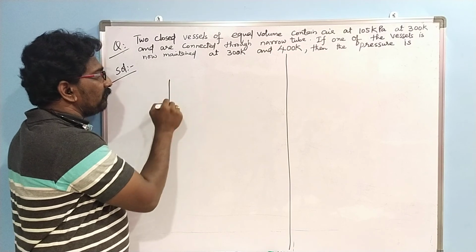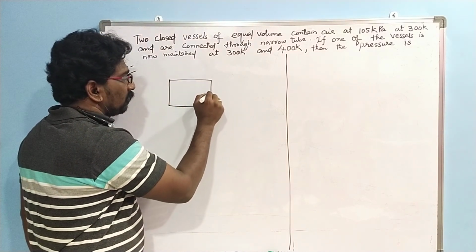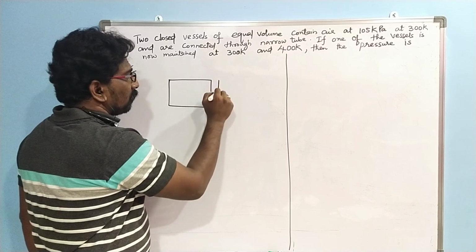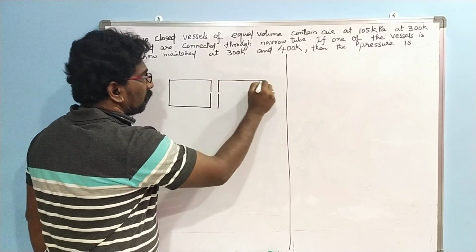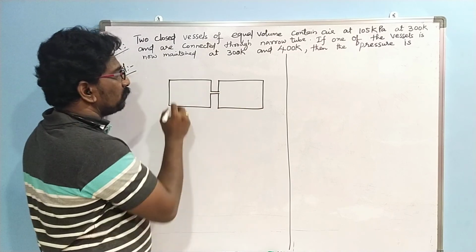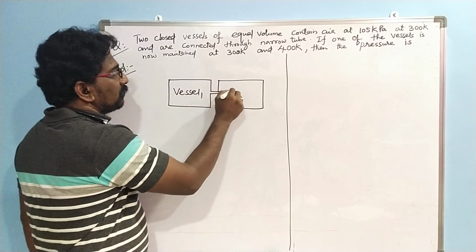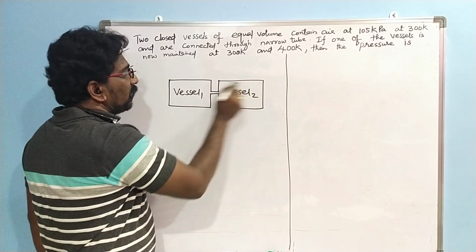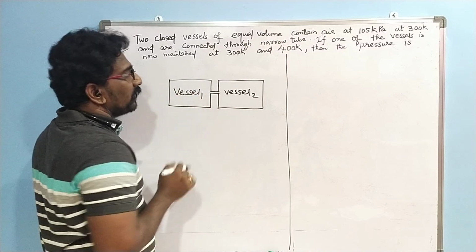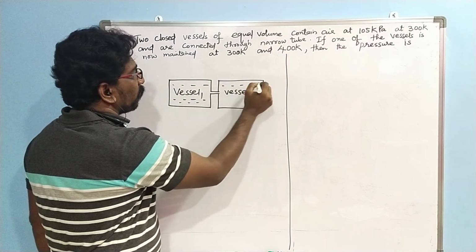See, we are having two vessels like this, and these two vessels are connected through a narrow tube. Let this one be vessel 1 and this be vessel 2, and these two vessels are filled with air.